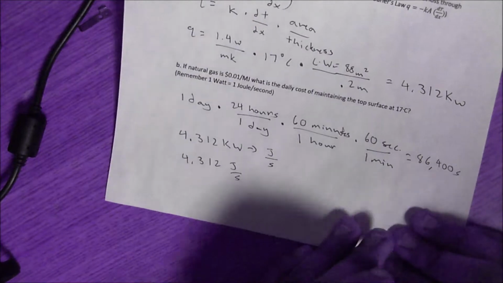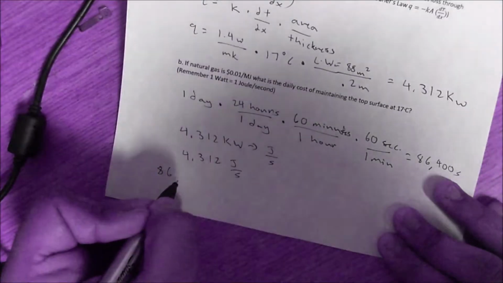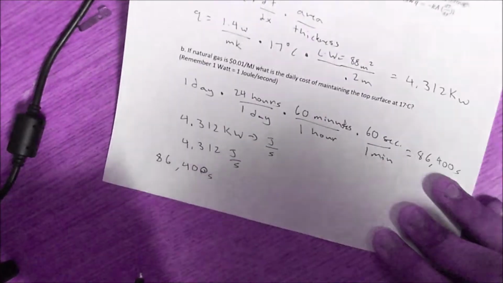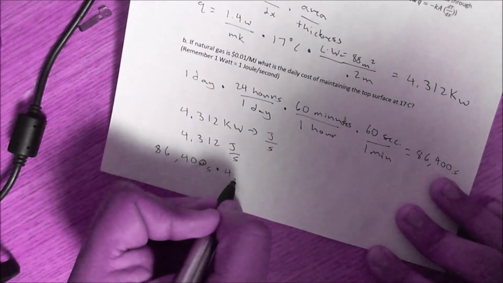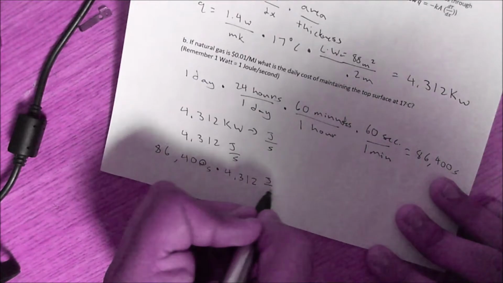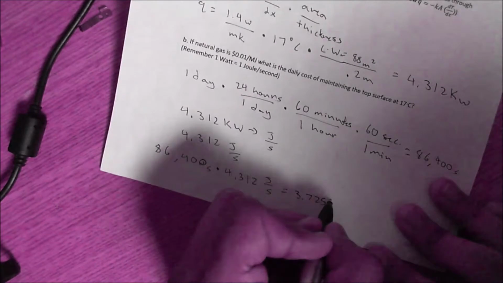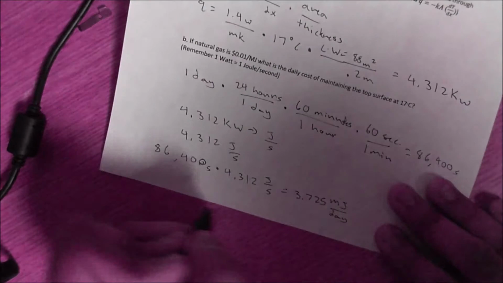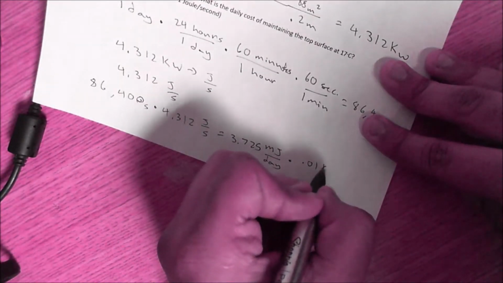So now that we have that, we have to multiply our time, 86,400 seconds, by our energy unit, which is 4.312 kilojoules per second, giving us 3.725 megajoules per day.